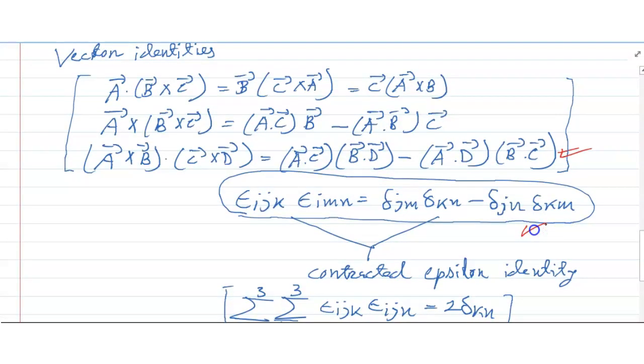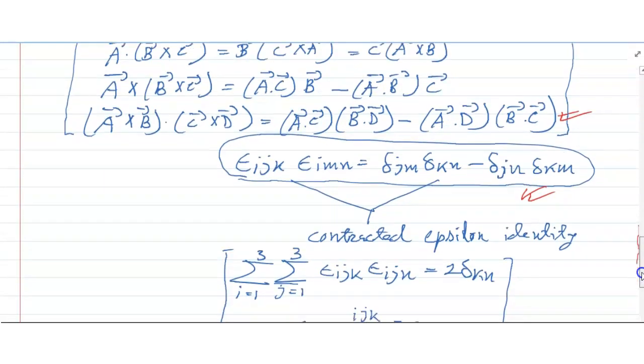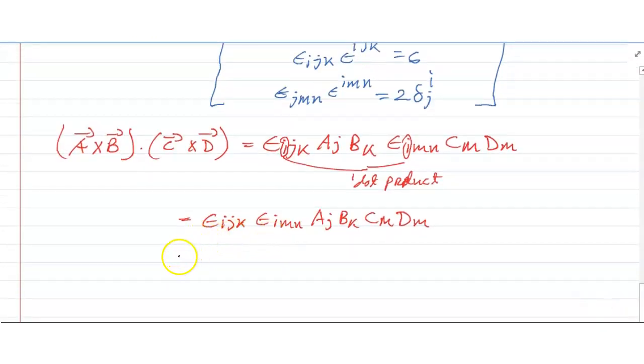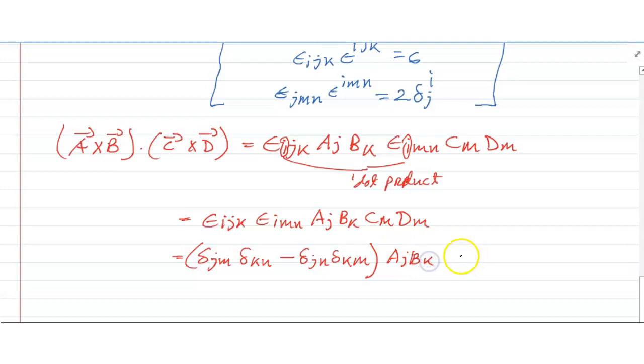I have already written the contracted epsilon identity, and I use it here: whatever I get, del jm del kn minus del jn del km, I apply here, with aj bk and cm dn.